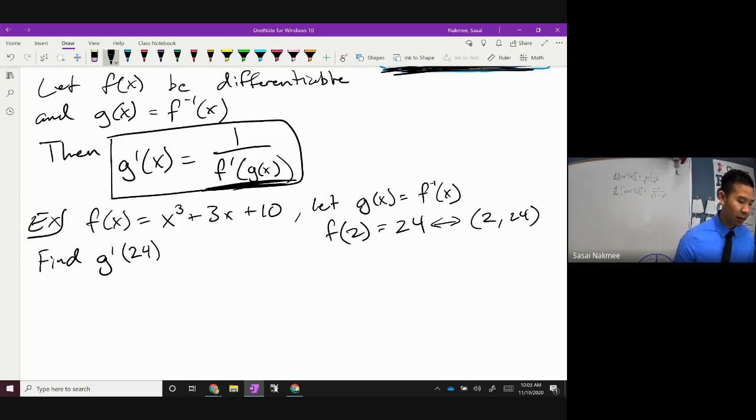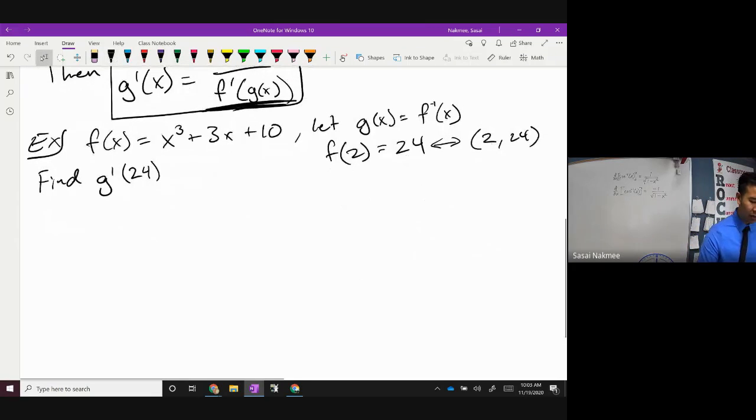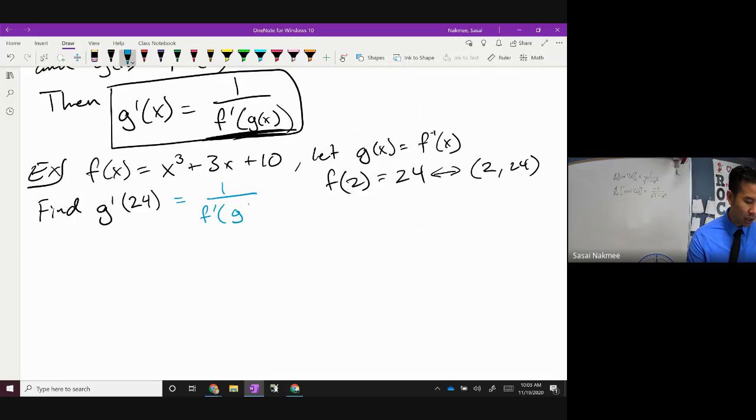Okay? All right. So let's do this problem. How do I find the derivative of g evaluated at 24? Use the shortcut I gave you guys right here. The derivative of g evaluated at 24 is going to be equal to 1 over the derivative of f evaluated at g of 24.